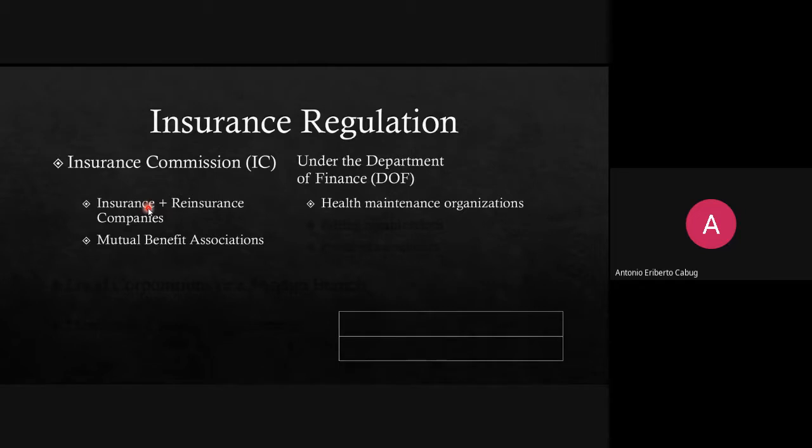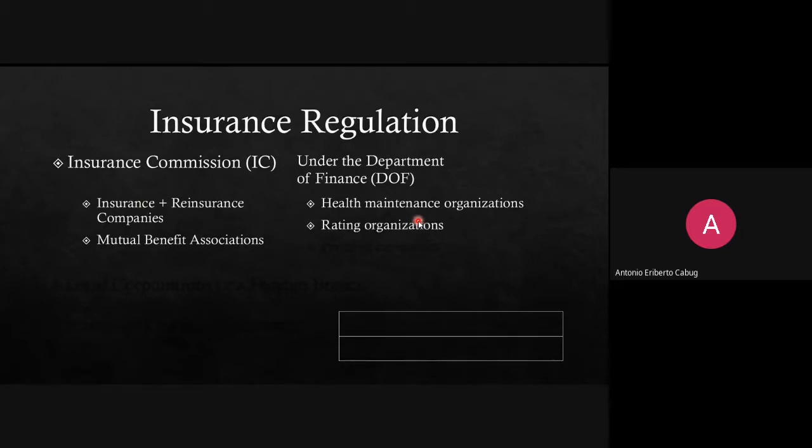So insurance companies, PhilAm Life, Sun Life, Pru Life. In the case of appliances, Malayan, no? Malayan Insurance. Alam niyo yan. For appliances. And then mutual benefit associations, health maintenance organization, yung mga health card.